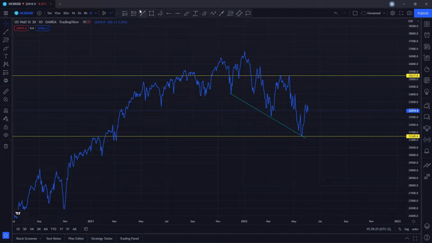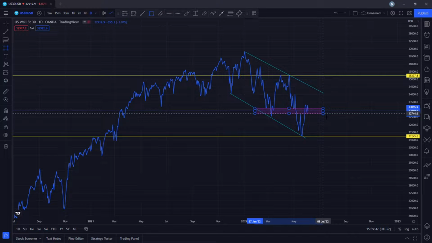Let's add another one there. First touch, second touch, and we could maybe assume that a third touch might be what we are looking for this week. We can add that one there. I don't like that one, it's too big.